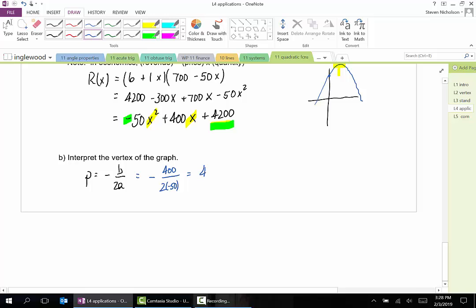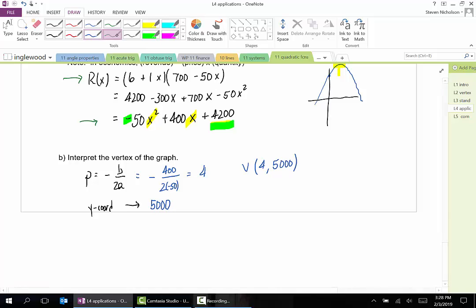And when we figure out the y-coordinate, when x is equal to 4, well, when you plug that into our equation, you could plug it into this one right here, or you could plug it into this one right here, what you get coming out is 5,000. And what that means is the vertex is (4, 5,000).